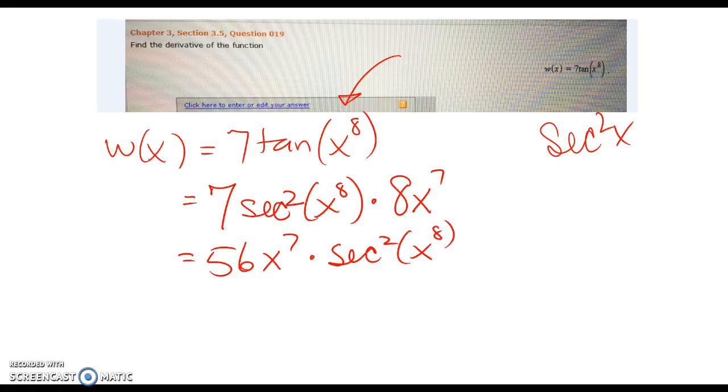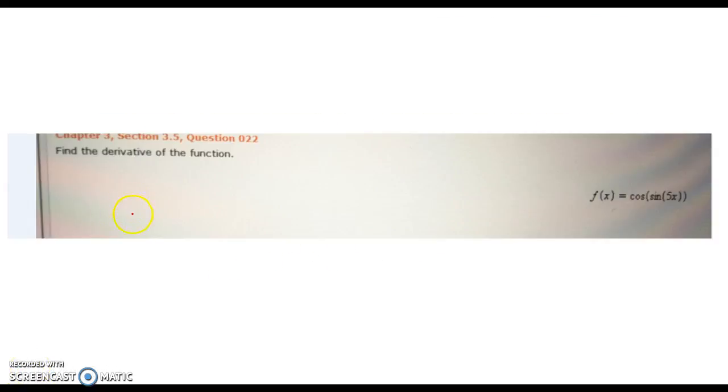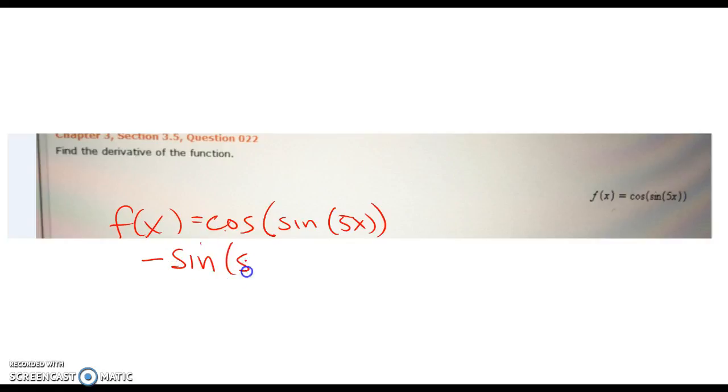Alright, let's see about this one, if you can fit one more on here. f of x equals cosine of sine 5x. We will actually have to use the chain rule twice, because we have the cosine function, the sine function, and the 5x. The derivative of cosine is negative sine of this function times the derivative inside.